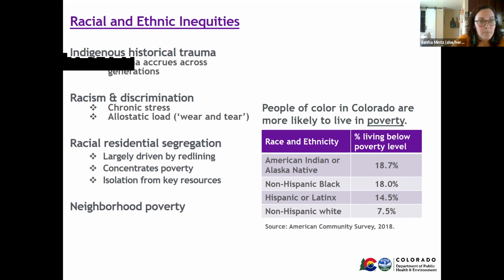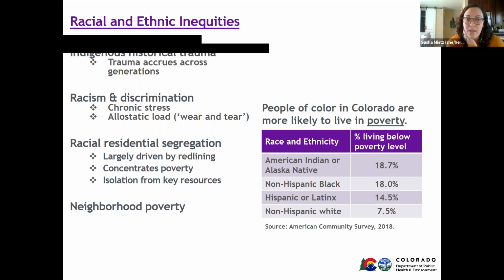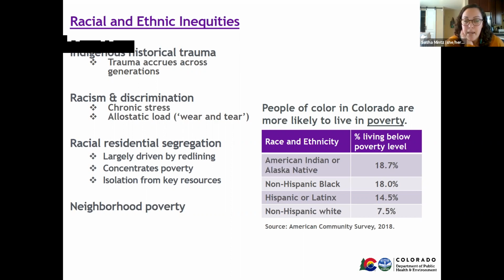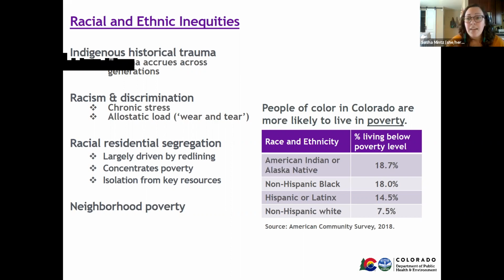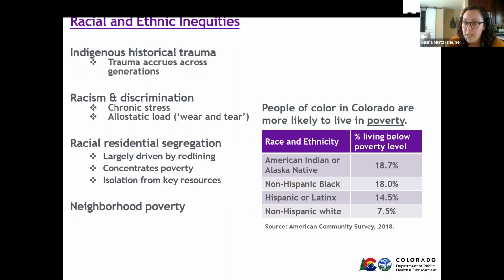Data from the Census Bureau, as you can see on the screen, shows that 18.7% of American Indian or Alaska Native, 18% of Black, and 14.5% of Hispanic Coloradans live below the poverty level, compared to 7.5% of non-Hispanic white Coloradans. In addition, poverty is continually perpetuated by social policies that maintain segregation.